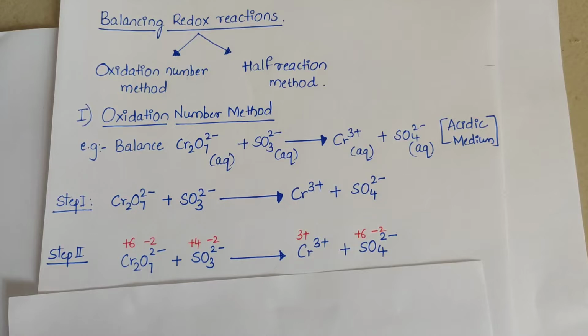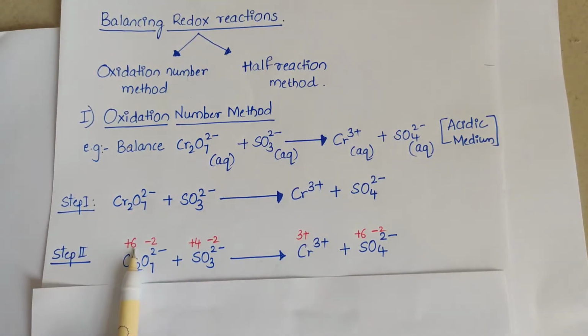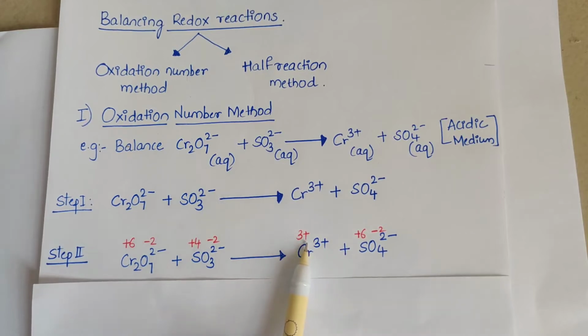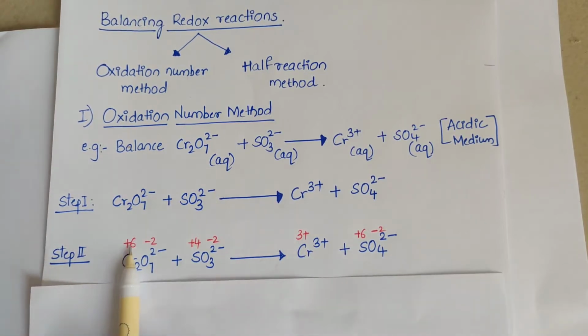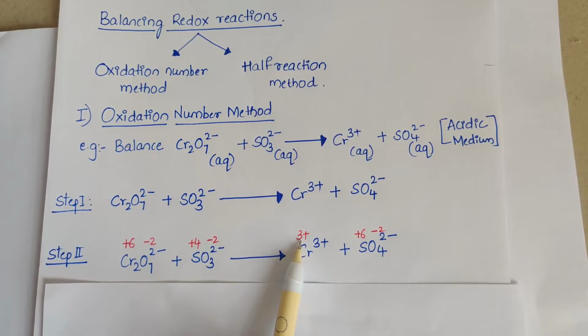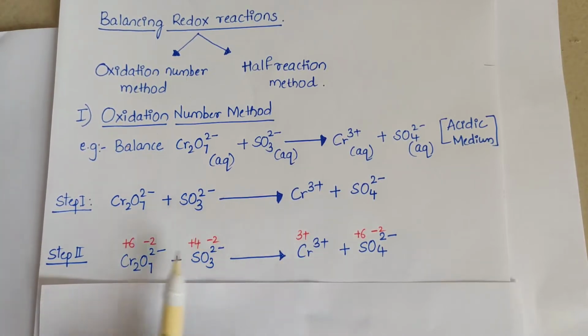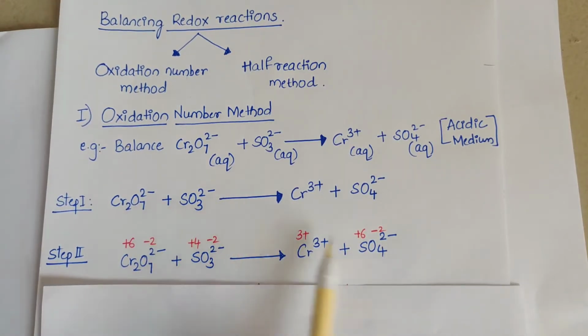An increase in oxidation number is oxidation, and a decrease in oxidation number is reduction. Here +6 changes to +3, so there is a decrease in oxidation number, which means chromium is undergoing reduction. Oxygen stays at -2, so there is no change and we do not consider it.